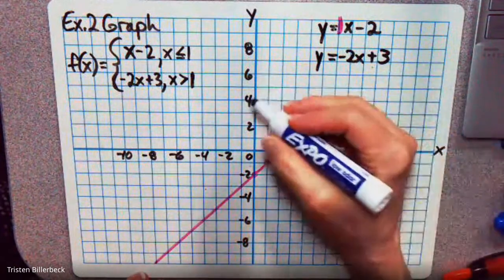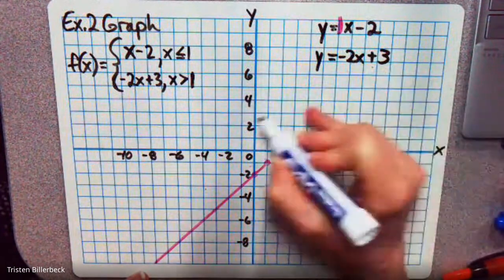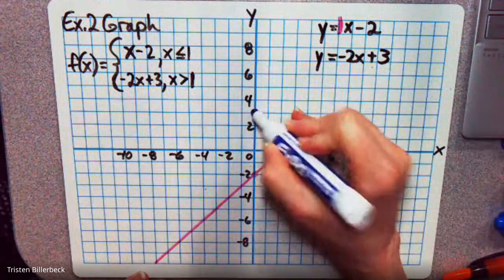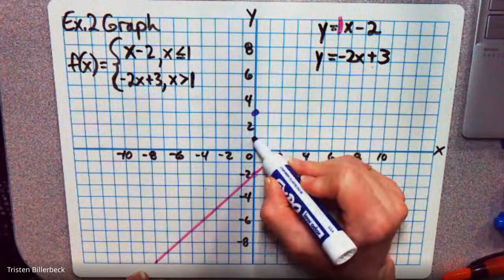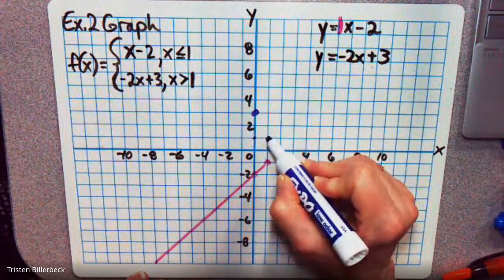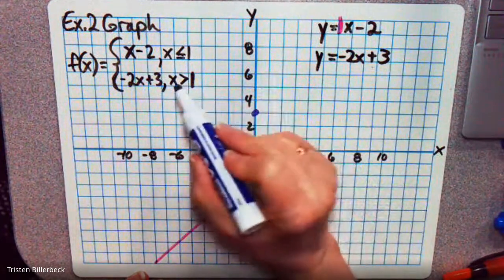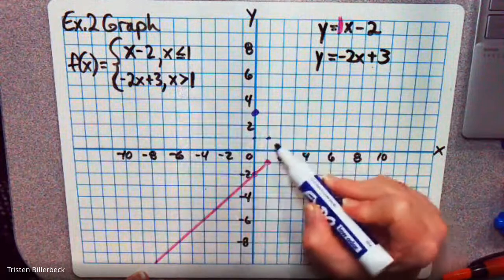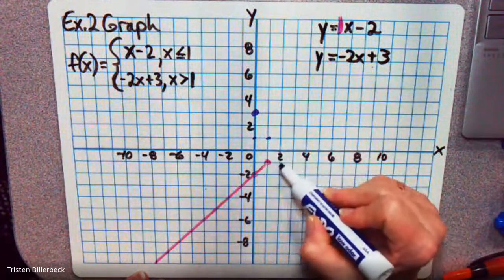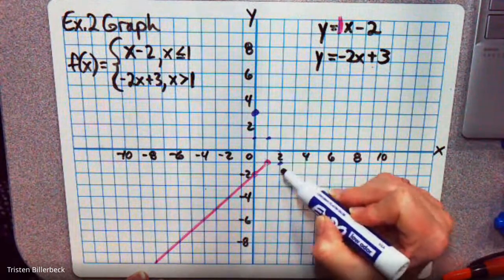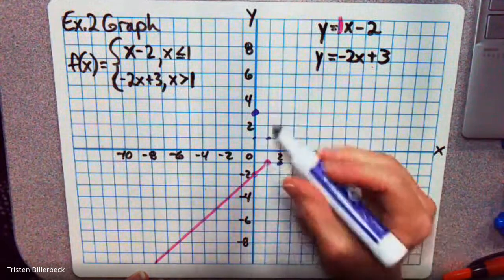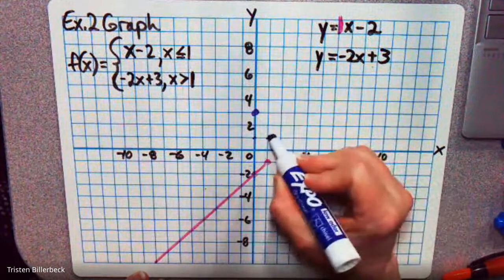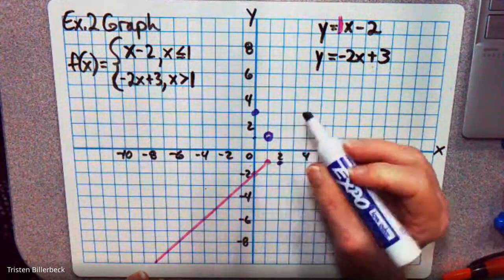Okay, so we start at the y-intercept's 3, so we're going to put a point here at 3. We're going to rise -2, run 1. Okay, we see that we're greater than 1, so we're going to have to rise -2, run 1 here. Okay, so here at 1, we're going to have an open point.